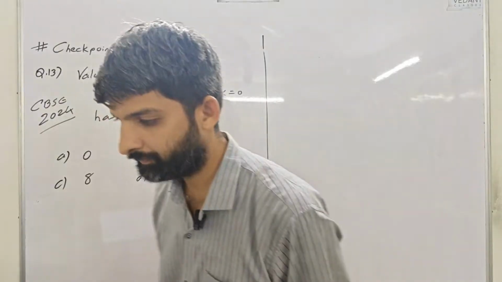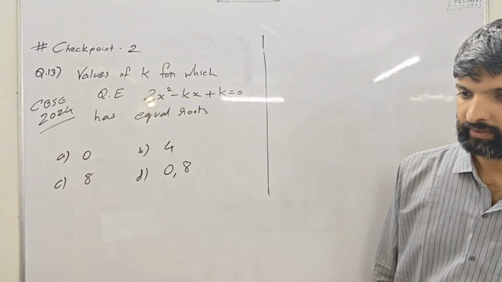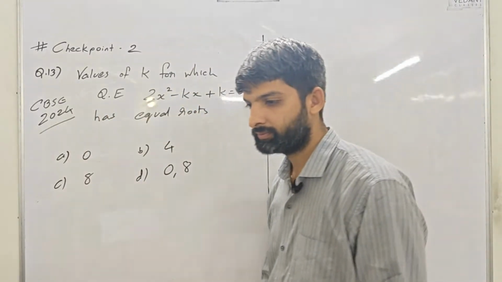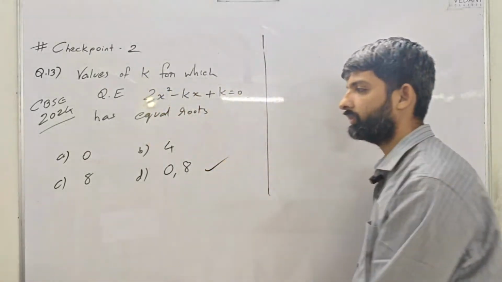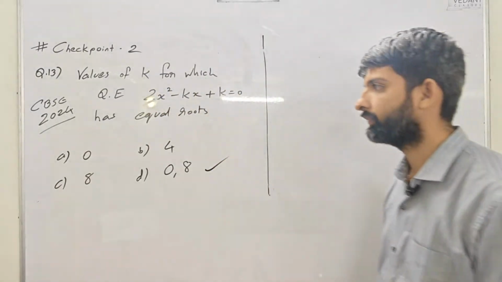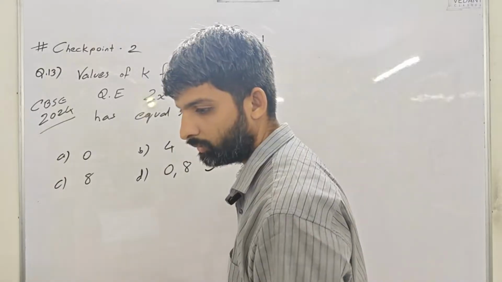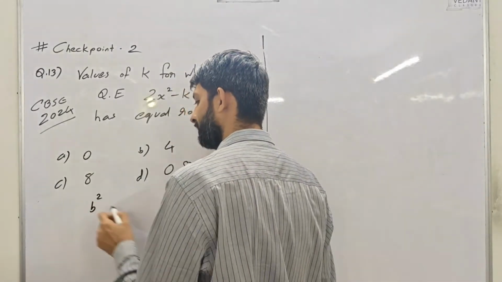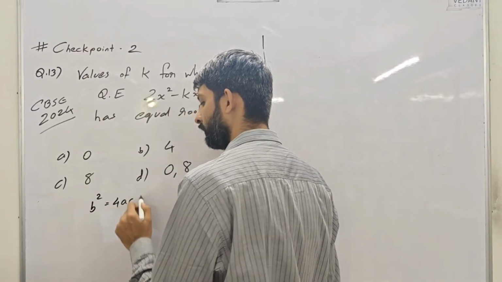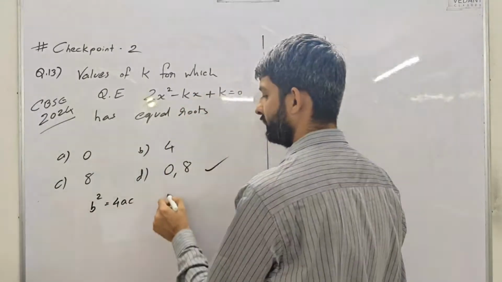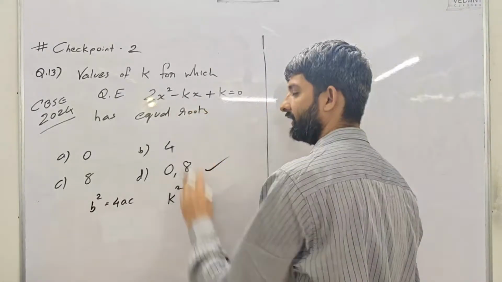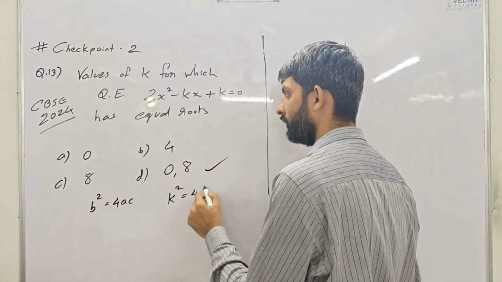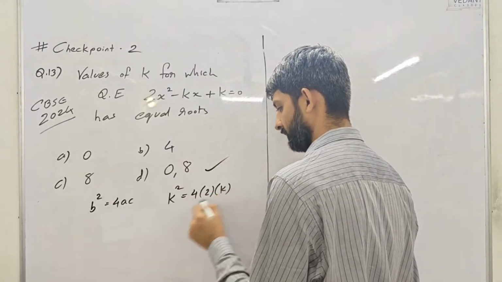Very good, Mahi. Very good, Rathod. Option D is the right answer. When you want equal roots, the condition is b square minus 4ac equal to 0. So b square will be equal to 4ac. Here b square will be k square, negative will be positive, equal to 4 into 2 into k.